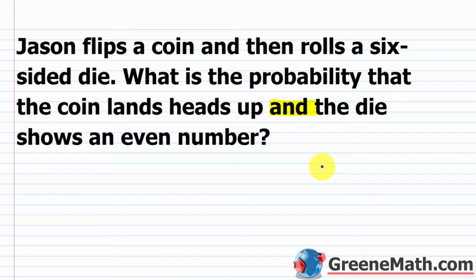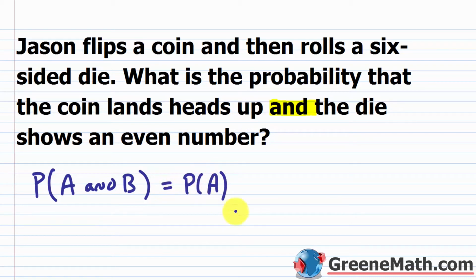When you hear the word "and," you need to be thinking about multiplication. So I would use this formula: the probability of some event A and some event B happening, in this case the coin landing heads up and the die showing an even number, is equal to the probability of event A times the probability of event B. This is given that they are independent events, meaning the first event does not impact the result of the second event in any way, shape, or form.